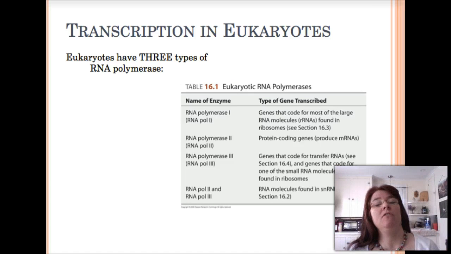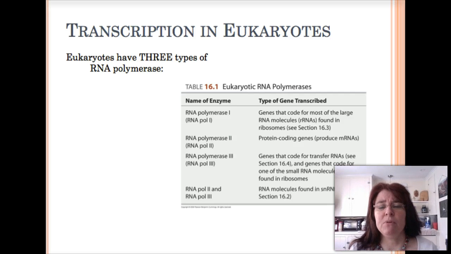The next thing to make note of is that, unlike bacteria, eukaryotic organisms actually have three different types of RNA polymerase in their cells. There's RNA polymerase 1, RNA polymerase 2, and RNA polymerase 3. These individual types of RNA polymerase have a different role in terms of what kind of RNA they produce. In other words, if you look at RNA polymerase 2, this is the enzyme that's analogous to RNA polymerase in bacteria in that it produces mRNA, or messenger RNA.